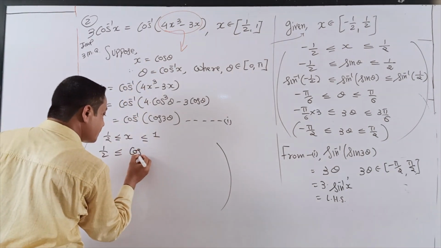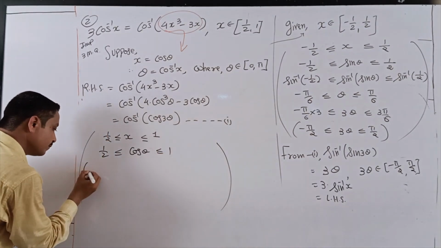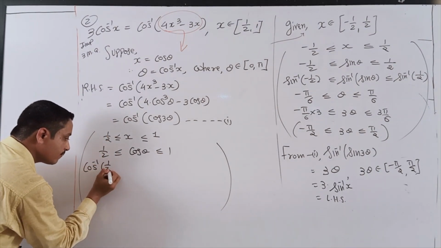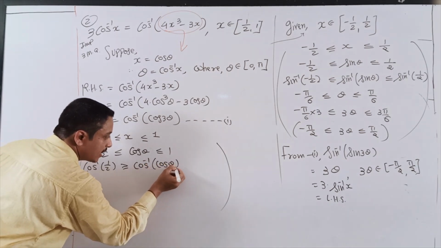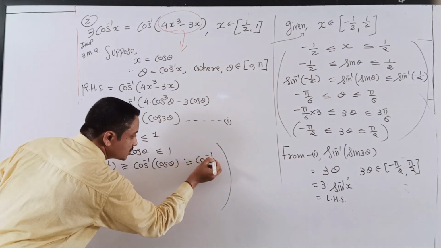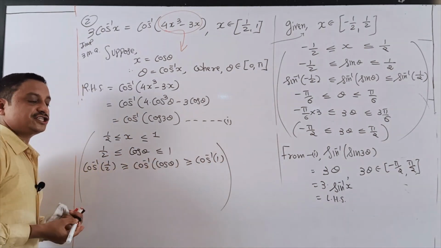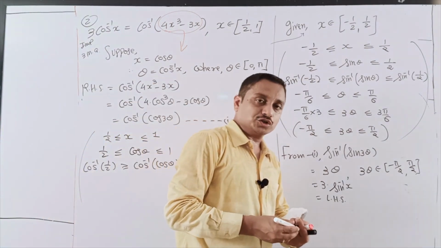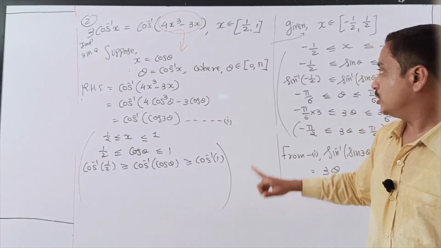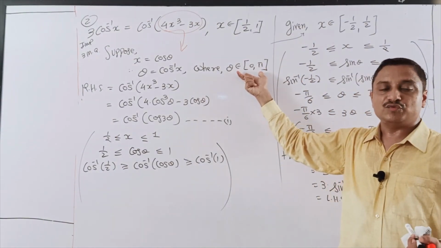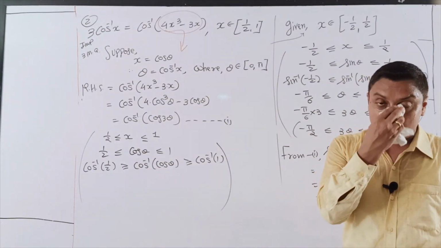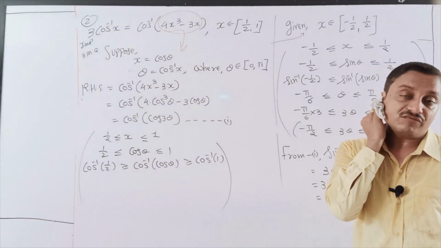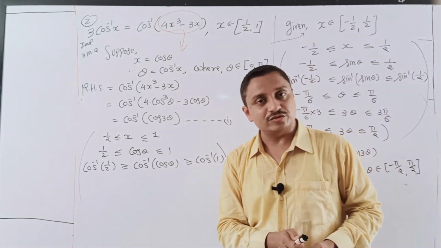Cos theta. Now put in cos inverse half. Inequality changes. Cos inverse putting, and here also cos inverse putting. The inequality changes for only one reason: in the range 0 to pi, first to second quadrant, the cos function is a decreasing function, and whenever decreasing, definitely the inequality is changed, students.